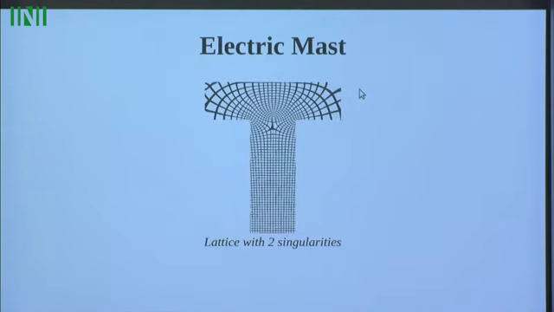And if we look now at the lattice structure that we obtained, here we have chosen a constant value for the size of the holes inside our lattice. You can see the two singularities. This one here is a negative singularity, and the one on the top is a positive singularity.